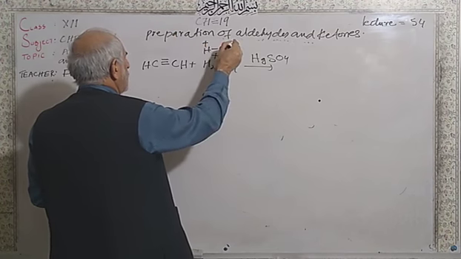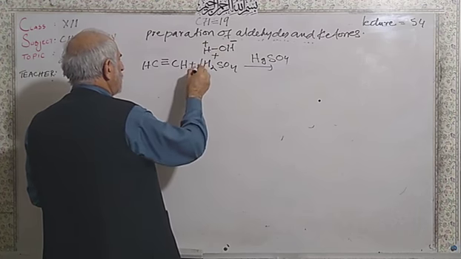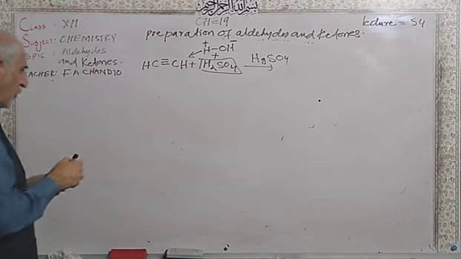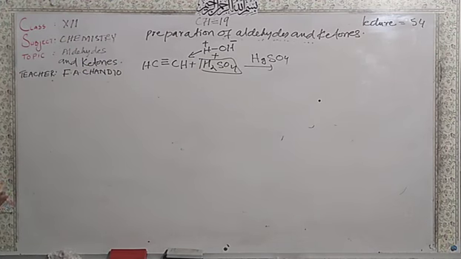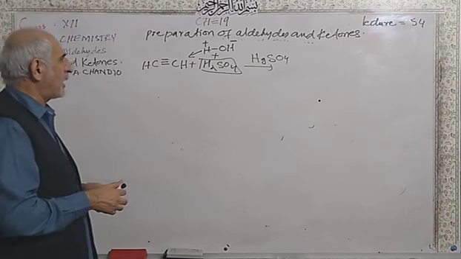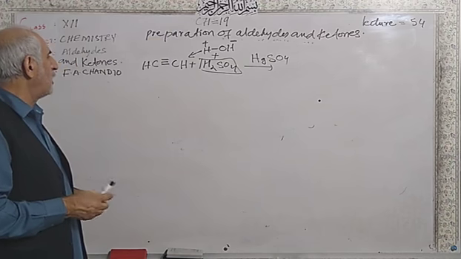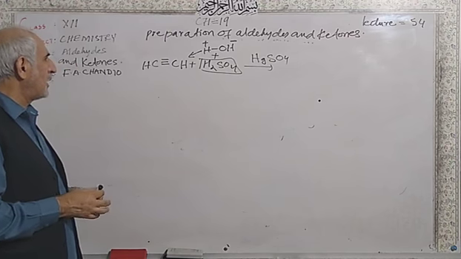Partial positive charge, partial negative charge. Sulfuric acid will not participate in the chemical reaction, it's water only. We make dilute sulfuric acid with mercury sulfate as a catalyst. So this water is going to be combined with the alkyne indirectly.